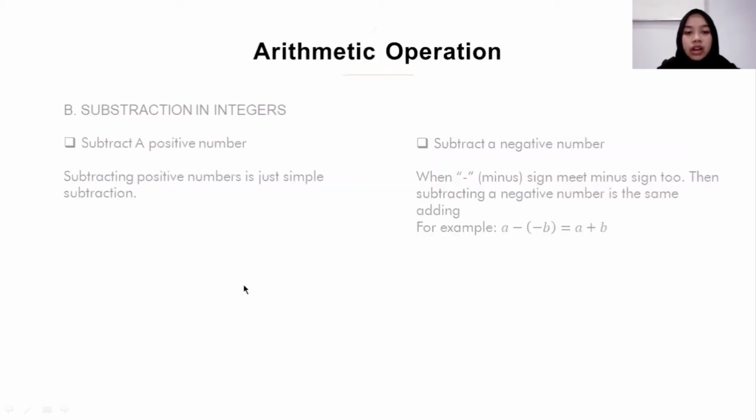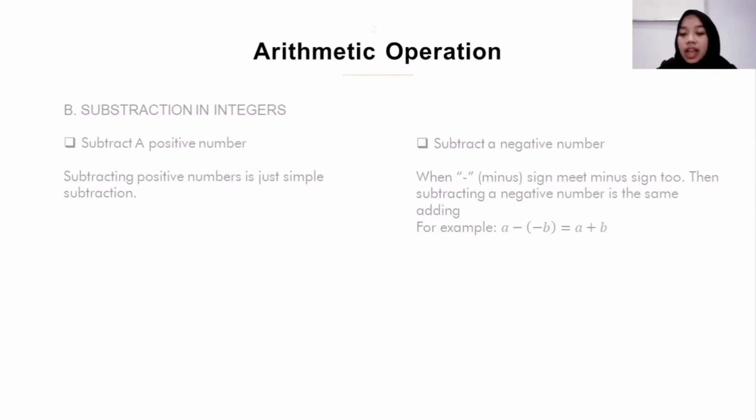For the next, we have arithmetic operation B, subtraction in integers. For the first, we have subtracting a positive number, which is just simple subtraction. And then subtracting a negative number: when minus sign meets minus sign, subtracting a negative number is the same as adding.